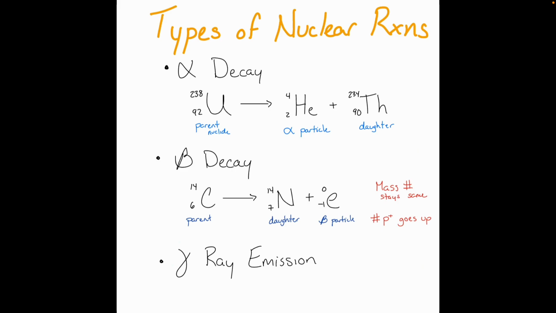It's a neutron that gets converted to a proton. That's why my mass number stays the same, but the number of protons goes up. I misspoke, my bad. So beta decay, we can just say explicitly, neutron converted to proton. That's why my mass number doesn't change, but my atomic number goes up. I apologize. And in that process, an electron is being ejected. A beta particle is being ejected.